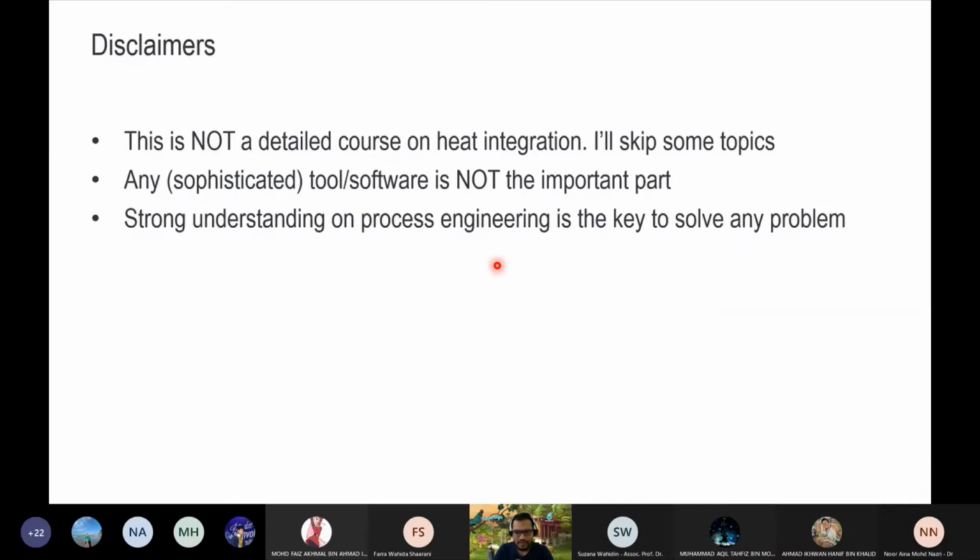It demands our knowledge of the process that we're dealing with, and also the process engineering skills of the team members.